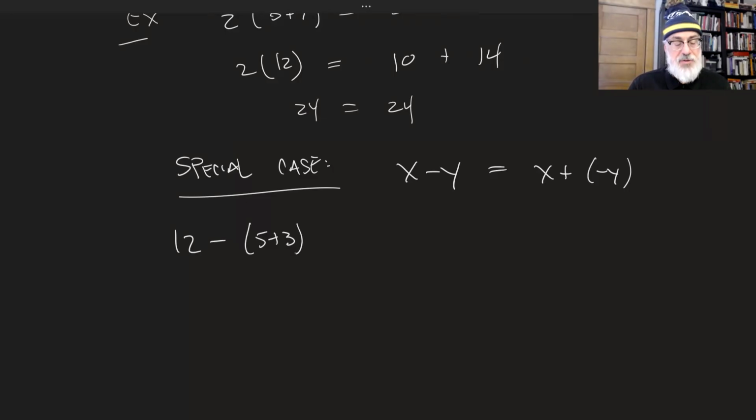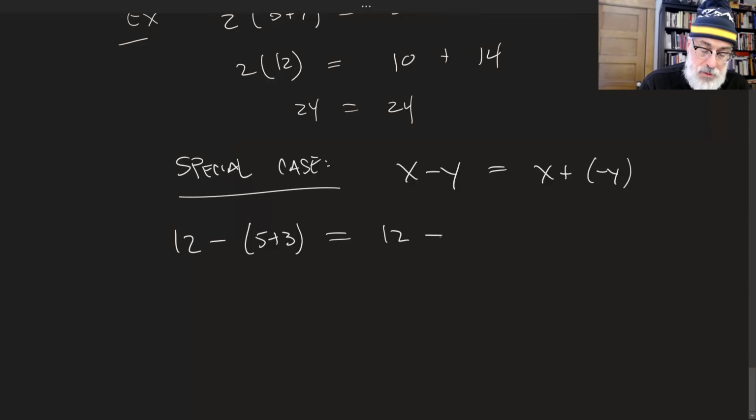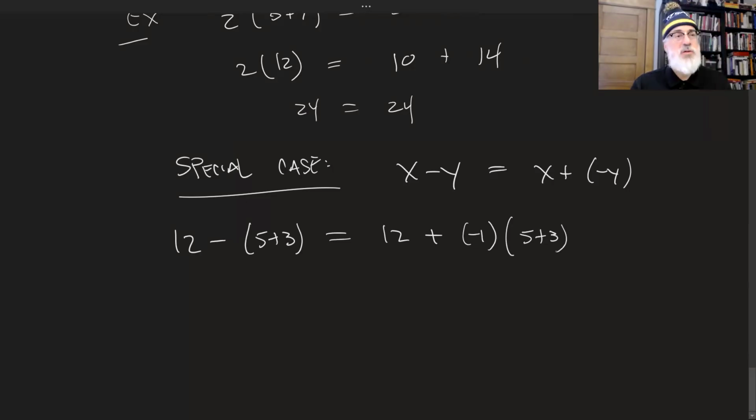We can add 5 and 3, which is 8, and then take 12 minus 8 to give us an answer. We could also think of this using the distributive property, and we can say this negative is the same as negative 1. And so 12 plus negative 1 times (5 plus 3).